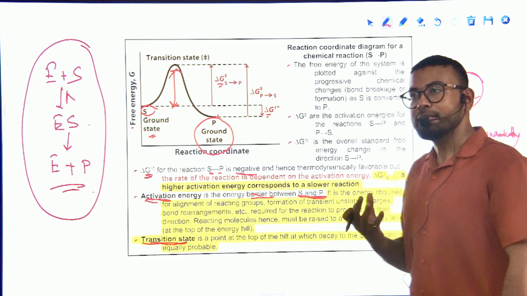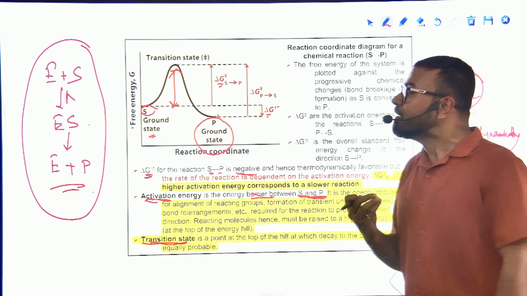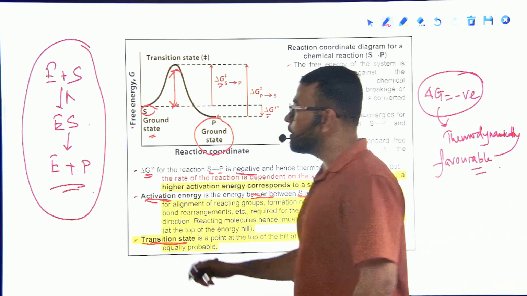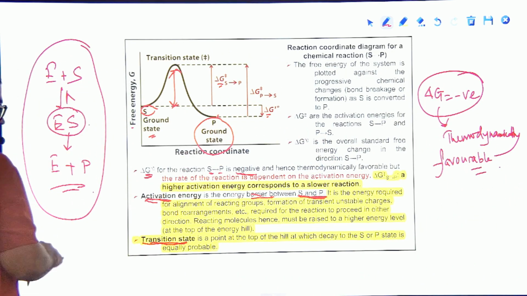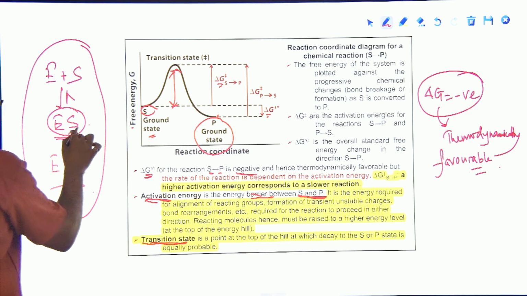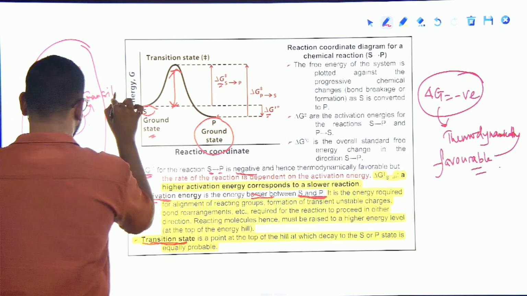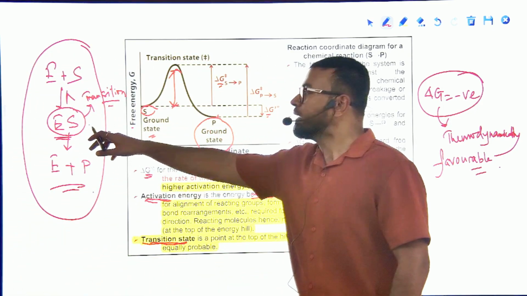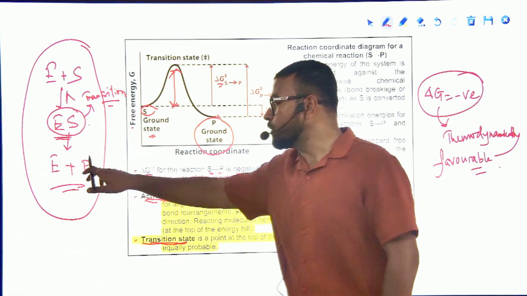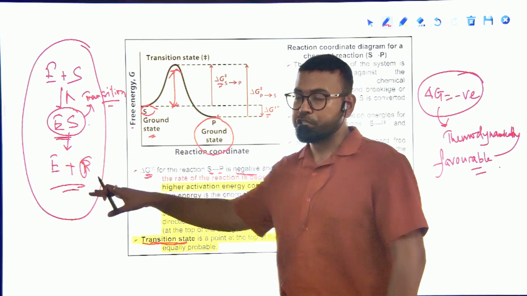So that substrate has to reach a state from where it will be converted into product. Suppose this simple reaction E plus S. So ES is stated as the transition state. This transition state is furthermore helping that substrate convert into product. This is an enzymatically catalyzed reaction.